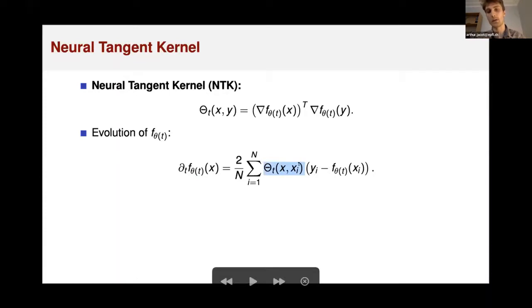And basically, if we are able to describe this term, then the difficulty in understanding this differential equation is really to understand how this term behaves. And the problem is that at initialization, this NTK is a random object because it depends on the parameters which were sampled randomly. Then during training, the parameters evolve, and so the NTK is going to evolve as well.